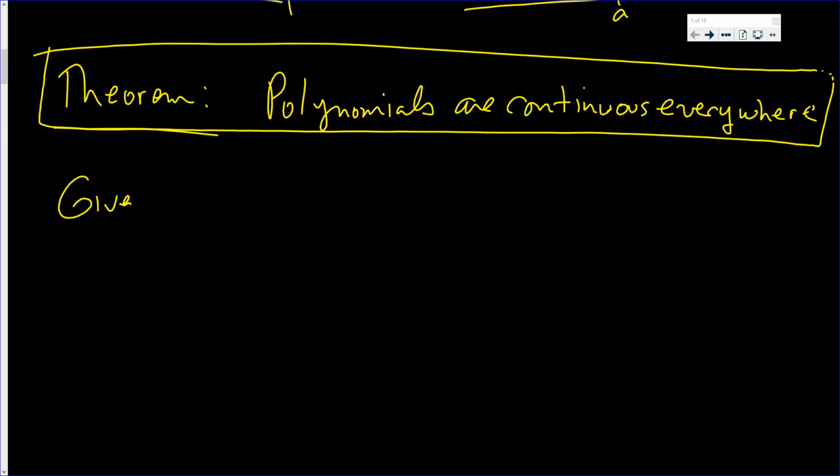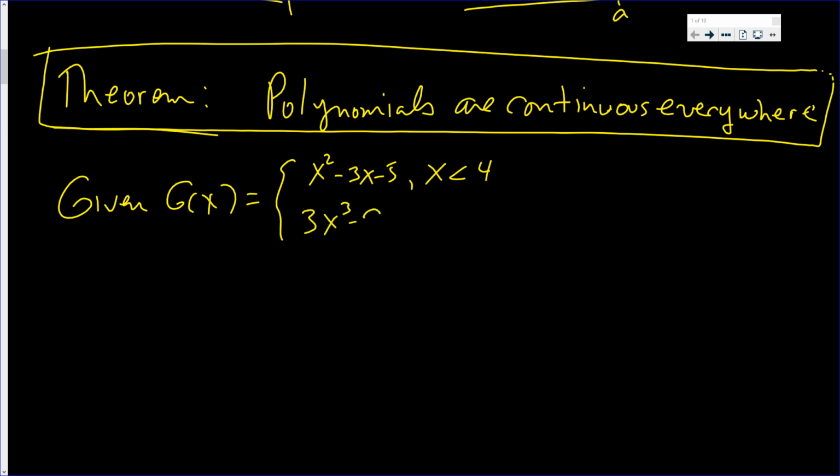If you're given that g of x is equal to x squared minus 3x minus 4 when x is less than 4, and it's equal to 3x cubed minus 9 if x is greater than 4. Well, first of all, let's see how to use this.